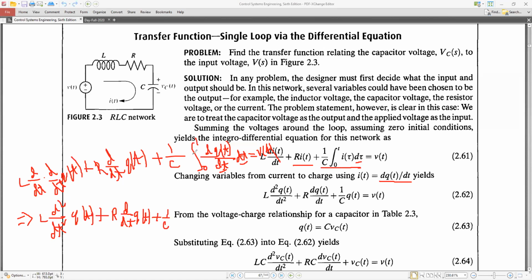So integration and differentiation, as a result only q(t) will be there. Okay, and the dt. That is the expression of the 2.62. Okay, just replace the i(t) with the d/dt of q(t). Nothing else. Replace the i(t) only. Here, replace the i(t), then you will get this one. Okay.